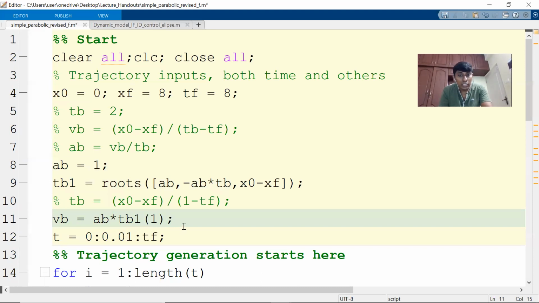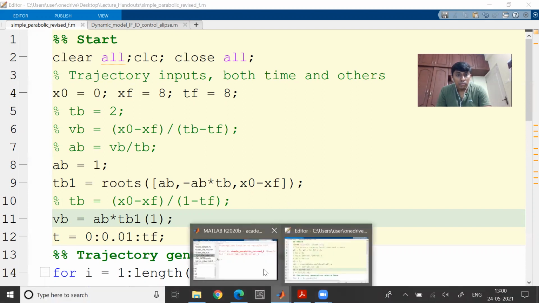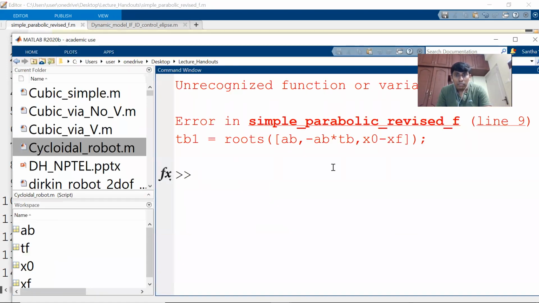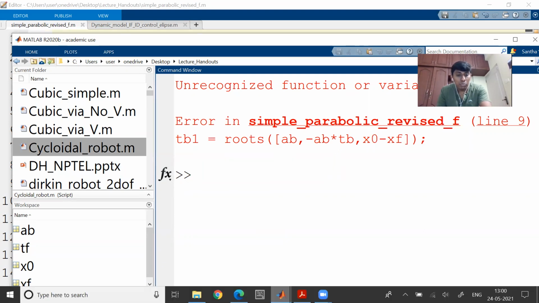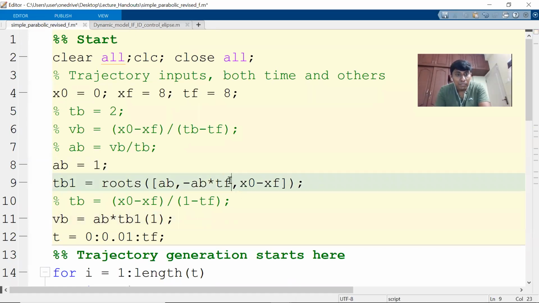So we can check whether this goes. Okay, this roots. Okay, TB I have put, right, that is TF. So this is TF. Okay. So I'll just put it.